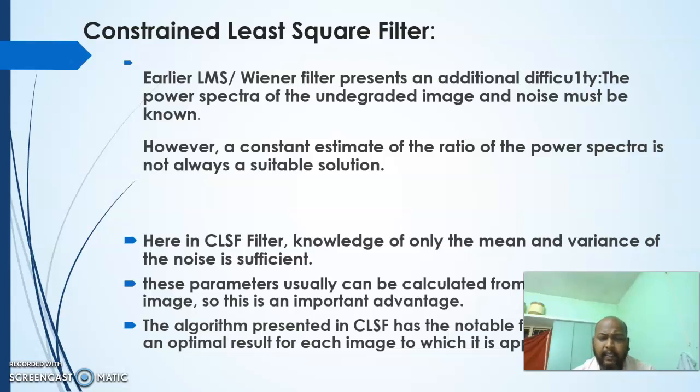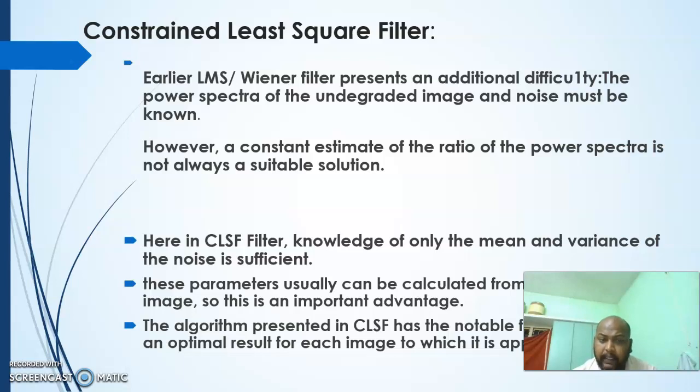That is sufficient to design this filter. These parameters usually can be calculated from a given degraded image. This is an important advantage. There is no need of the original image.